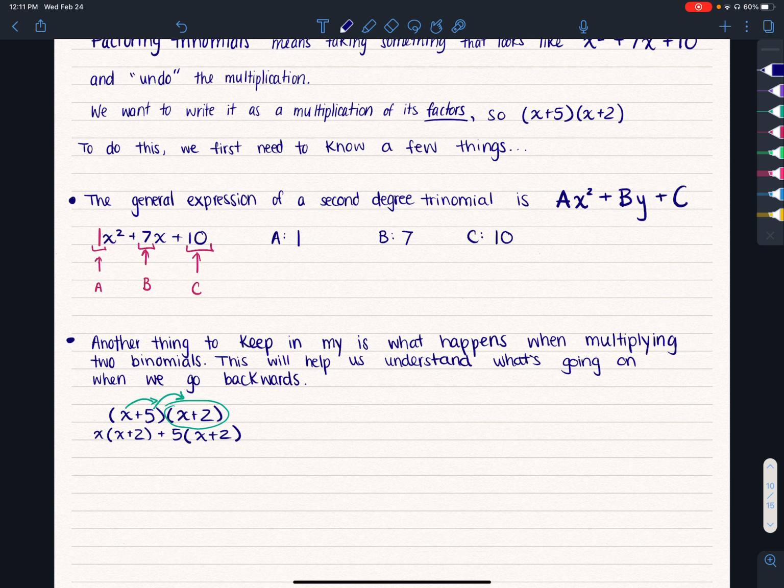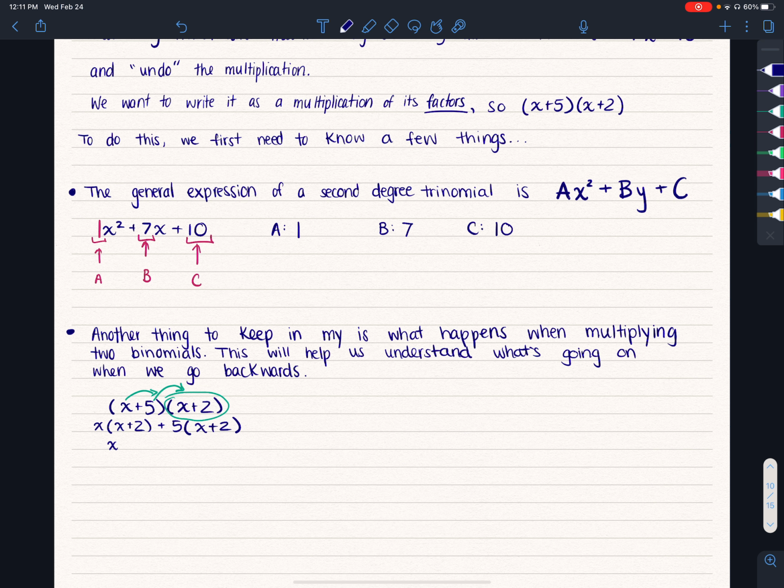Then we do an additional distribution: x squared plus 2x plus 5x plus 10. So right now we have a few things that look familiar. We have this x squared piece that matches what we know we start with, and we have this end piece, the 10, and that also matches.